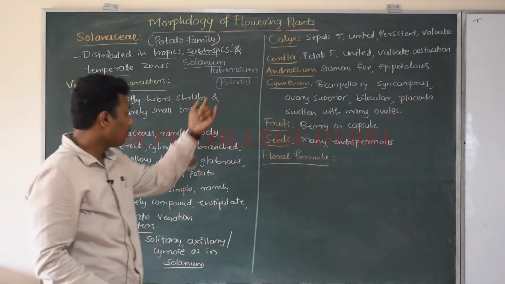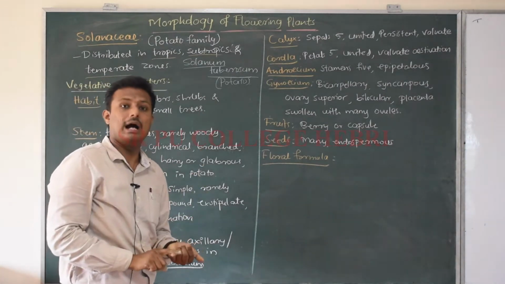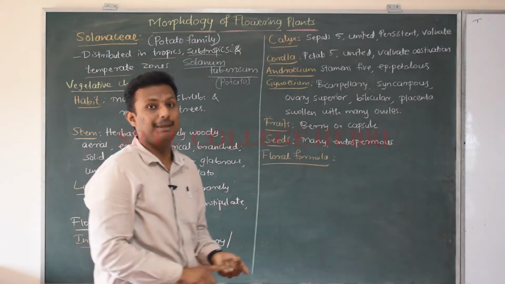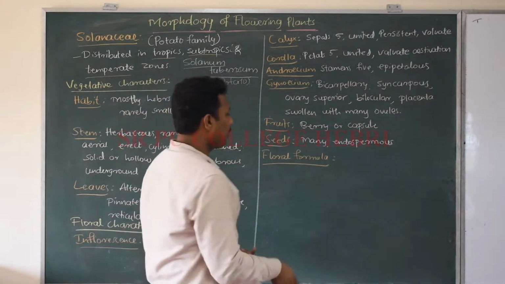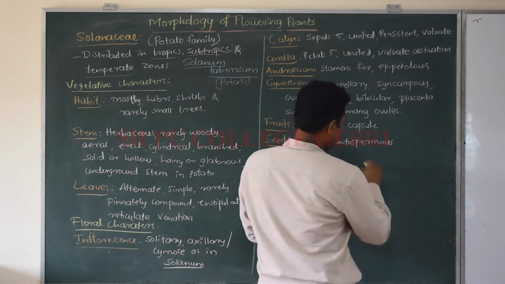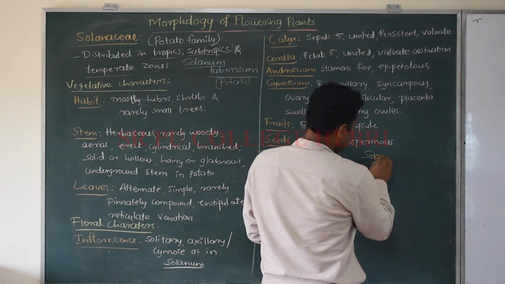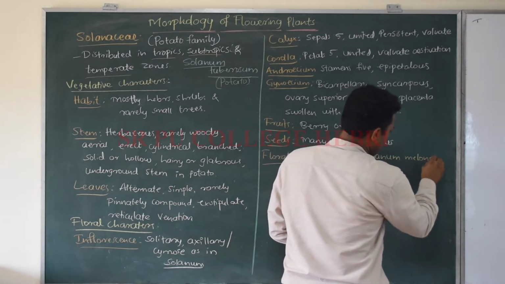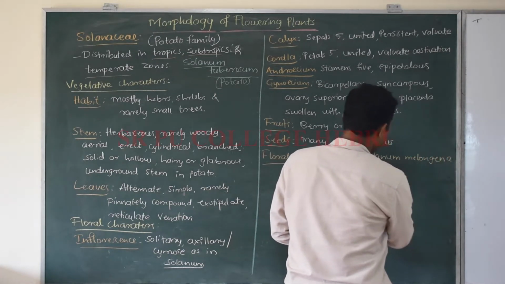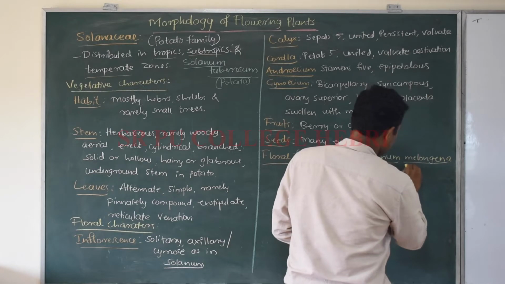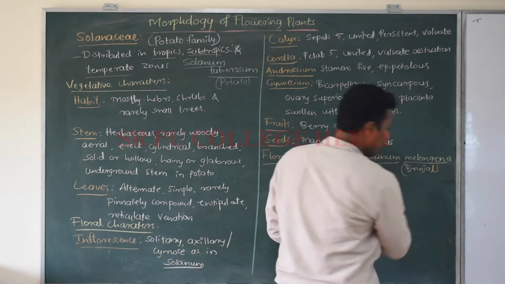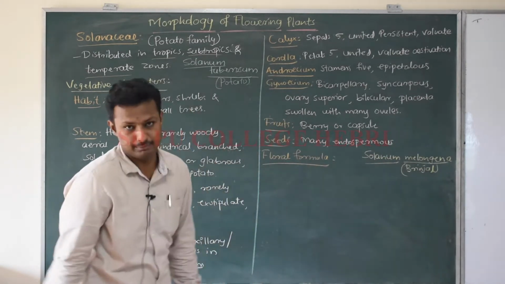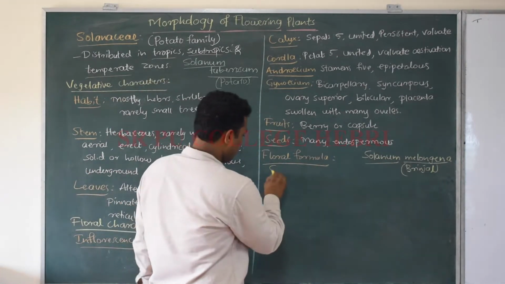One example is Solanum tuberosum, and another example is Solanum melongena. Solanum melongena, I'm going to write here, is nothing but brinjal. Solanum nigrum is also another example.